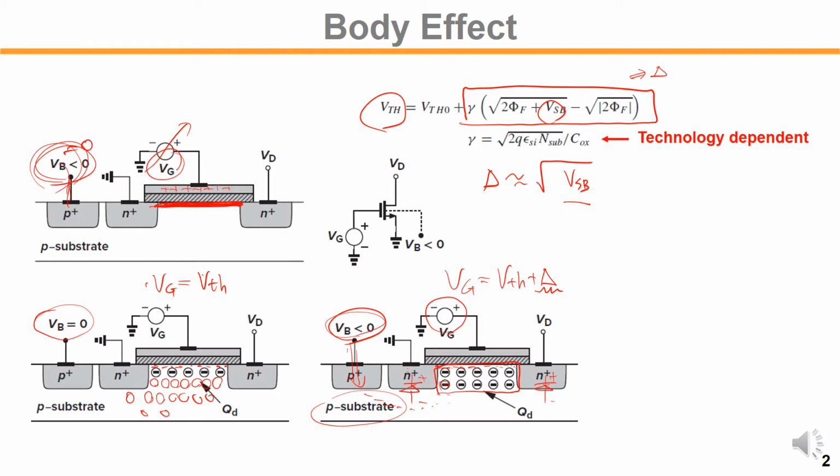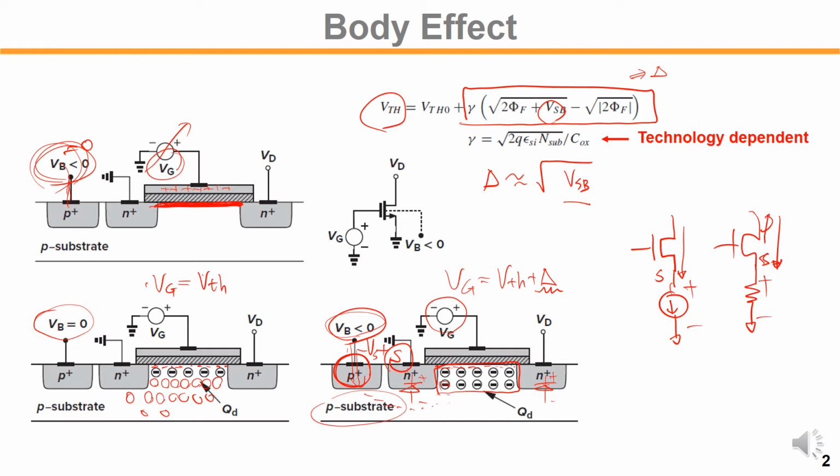What is VSB? We have a source node and a body node, and VSB is the voltage difference between the source and the body. You can think of the source follower case, where a current source or resistor is tied to the source. Then finite current flows between drain and source, so there's always a voltage drop.